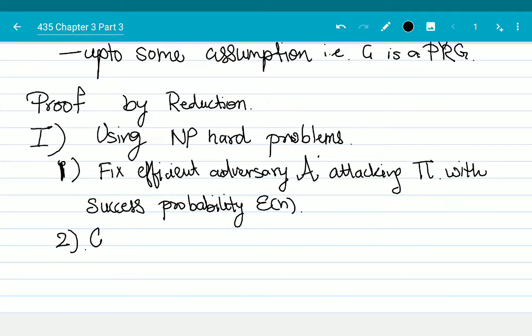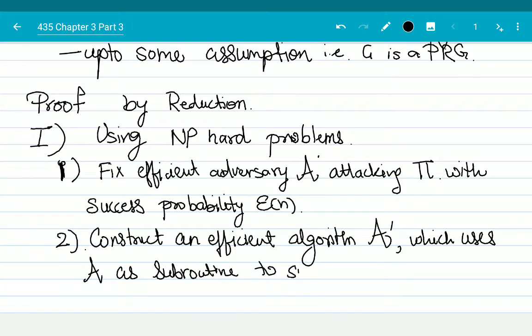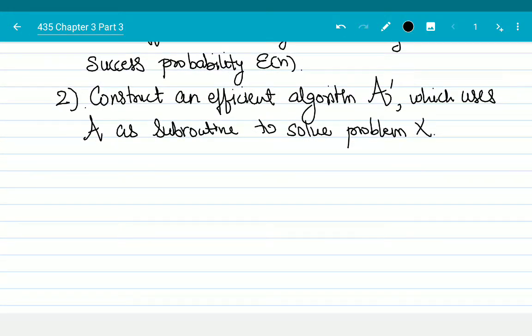Then in step 2, we construct an efficient algorithm A prime, which uses A as a subroutine to solve some problem X. X is going to be an NP-hard problem that A prime is going to solve.